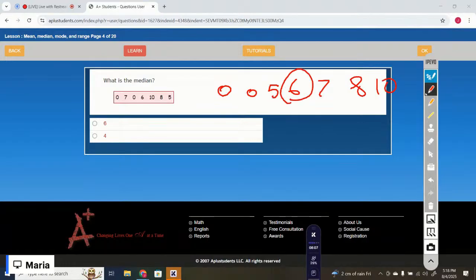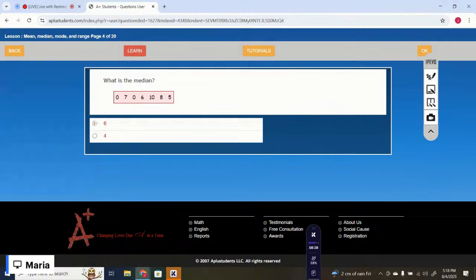So 6 is the median. The correct option is 6. Option number 1 is the correct option.